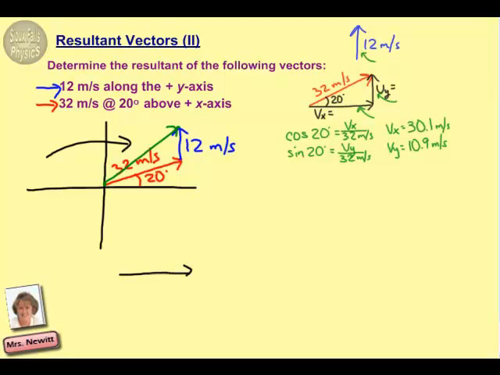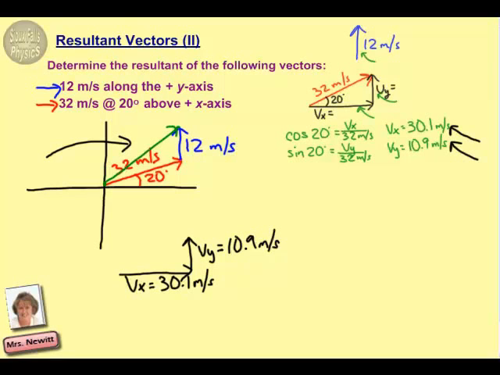The horizontal component for that will simply be 30.1 meters per second, because that's the horizontal component of our 32 meters per second, and our other vector doesn't have any horizontal component at all. Then we want to add the vertical components. We have the vertical component from that 32 meters per second. We just calculated the vertical part of that as being 10.9.